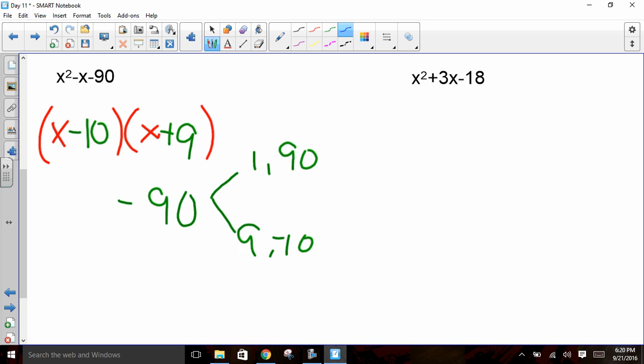All right, second one. Again, no number in front of that x squared, so I can start with doing my two sets of parentheses. X is in front. This one's a little bit different. We have one minus in the back, and we're going to add to a positive. So if you notice the example before, we had negative and negative. Well, the only way to multiply to that negative is one negative, one positive.